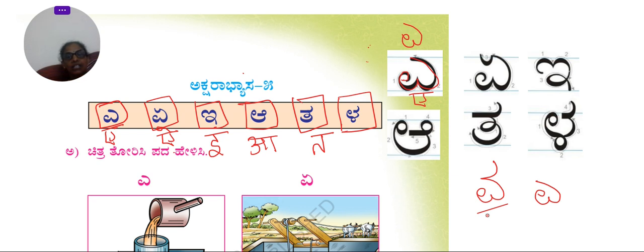Okay. Now next one is similar. This is A. It looks very similar to A except for a small dent here. So you start same as writing A and then just do this.